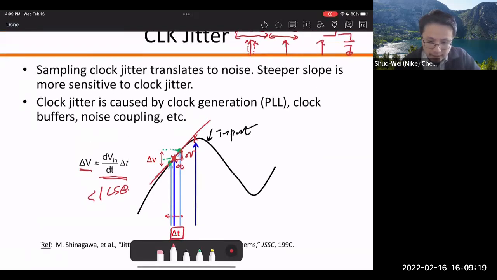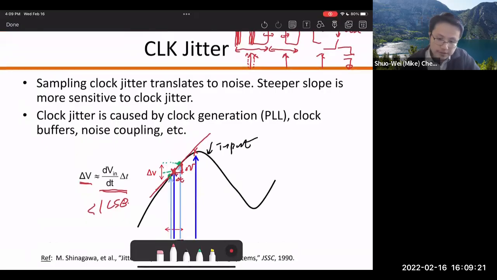Okay. And one more thing about these clock jitters. This clock jitter can be caused by noise from the clock generator. The clock generator is typically done by some kind of phase lock loop, which is the most typical way people generate the clock. And unfortunately, this jitter is not just coming from the source.